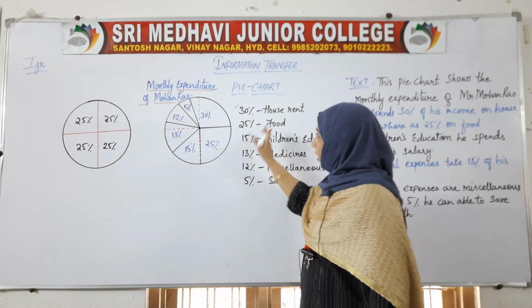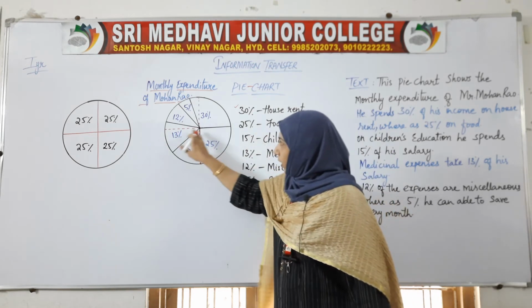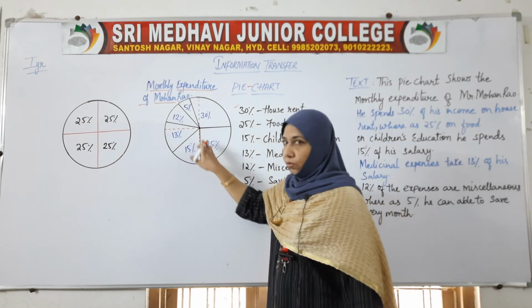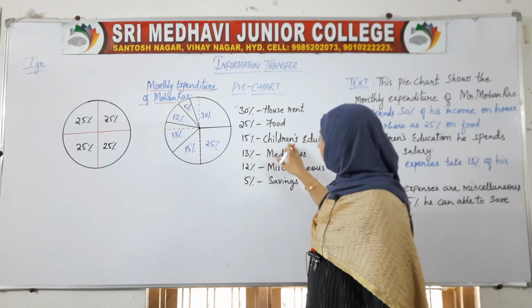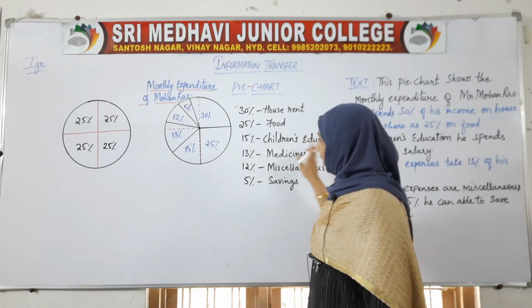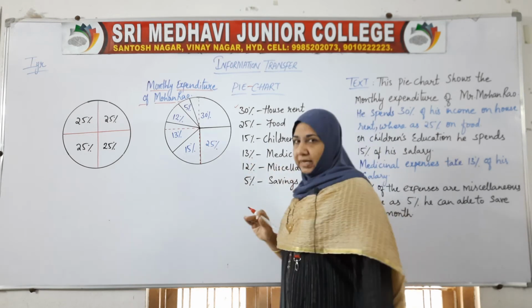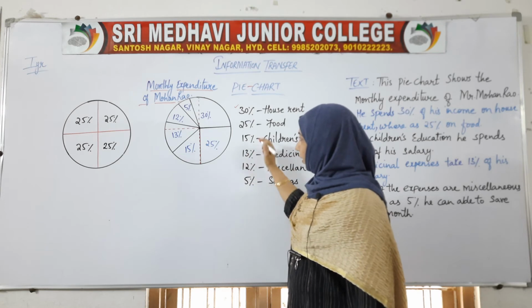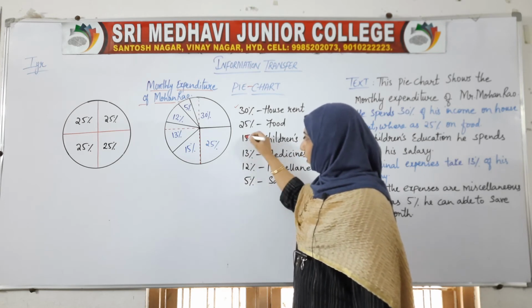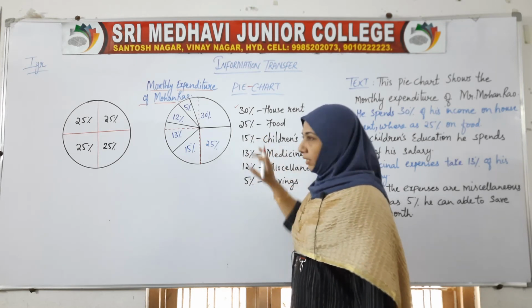Now move on to the next 25. In that you can take 15% for children's education and 13% for medicines. It will become 28 if you calculate, 15 and 13, 28.